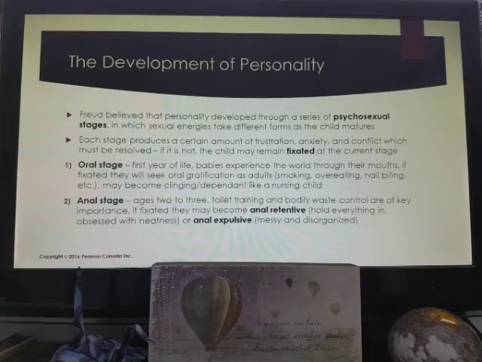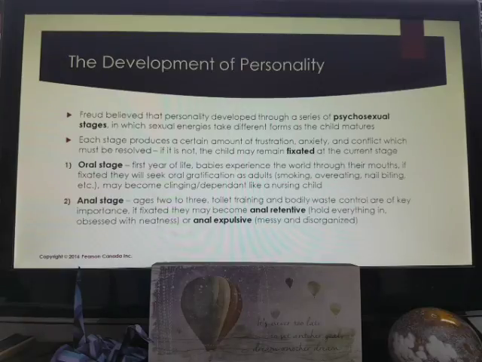If they become fixated at this stage, they will seek oral gratification as adults, doing things such as smoking, overeating, nail biting. All of these could be indicative of an oral fixation. They also may become clinging and dependent, just like a nursing child would have been at that stage. So basically, if you are unable to progress adequately through this stage and resolve the conflict of the oral stage, then later on you may exhibit symptoms of oral fixation as an adult.